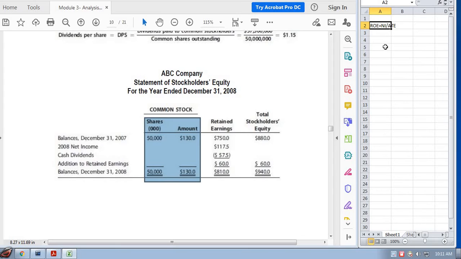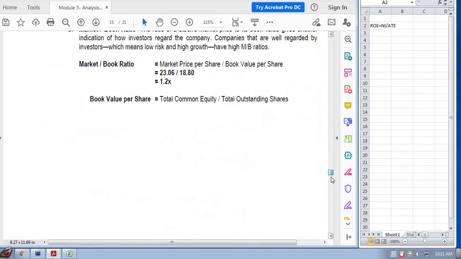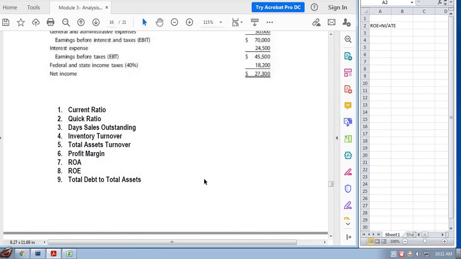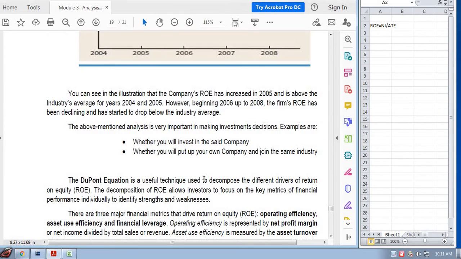That will tell you kung magkano yung magiging return mo from ABC company. So that is why malaki yung emphasis na binibigay natin sa ROE, because it will tell investors and potential investors as to whether it is safe to invest in that particular company.